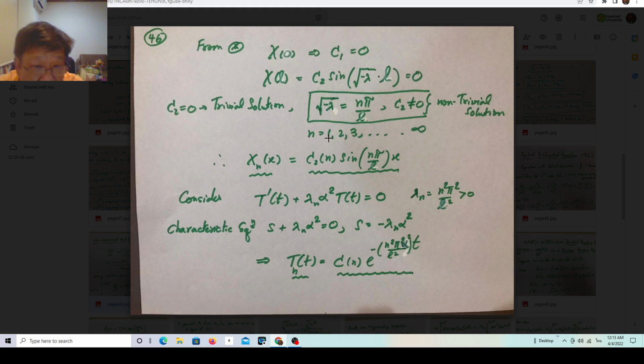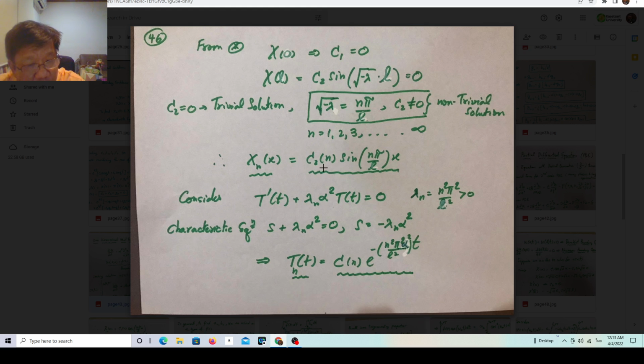So n is a new parameter added to this function, and it can be 1, 2, 3 up to infinity. For each n, c sub 2 can be a different value. It doesn't have to be the same value, because the second term always holds for the boundary condition.